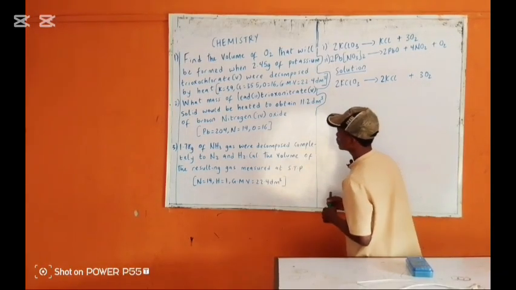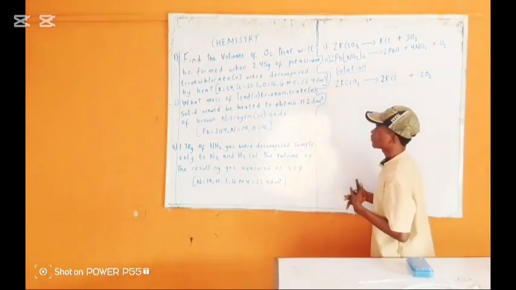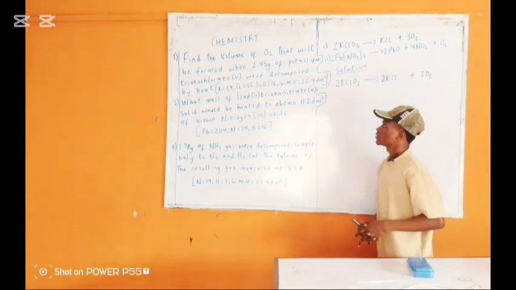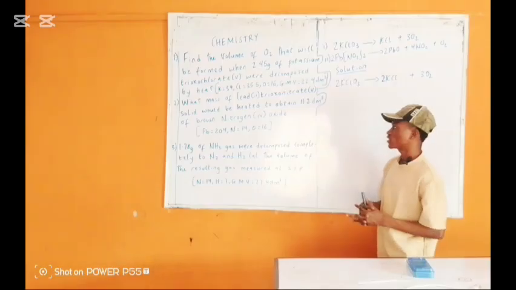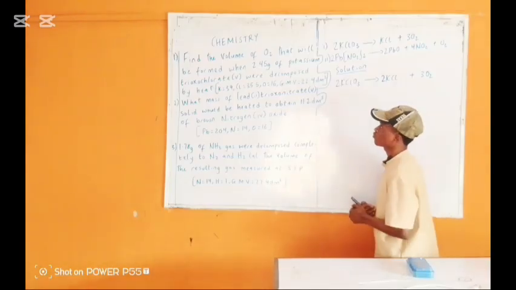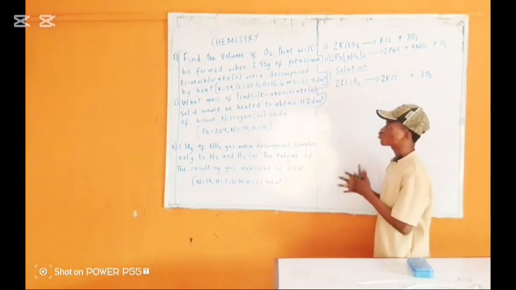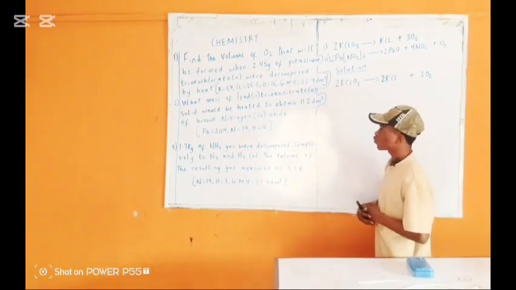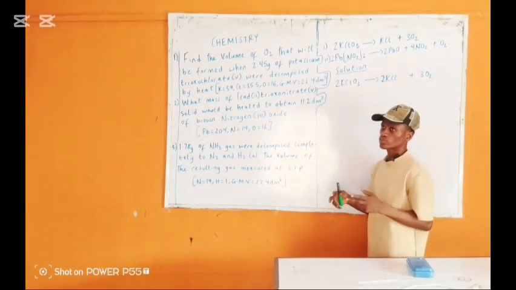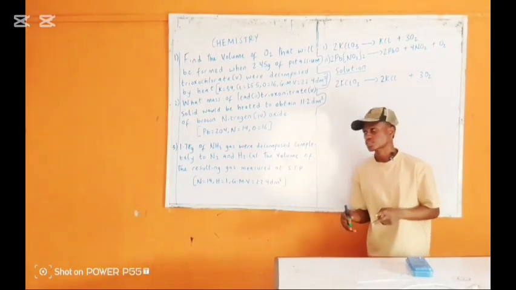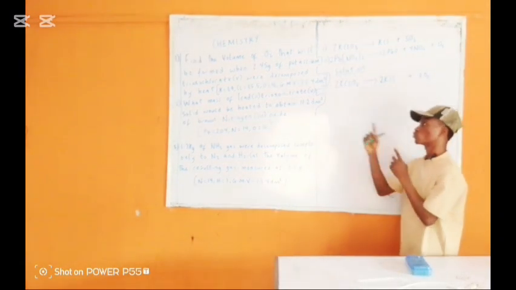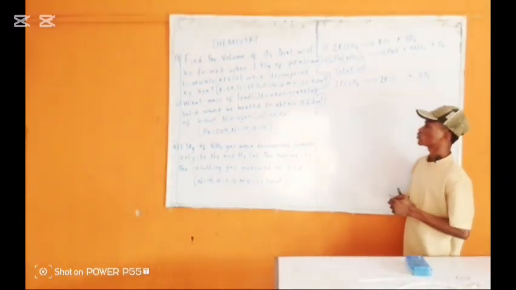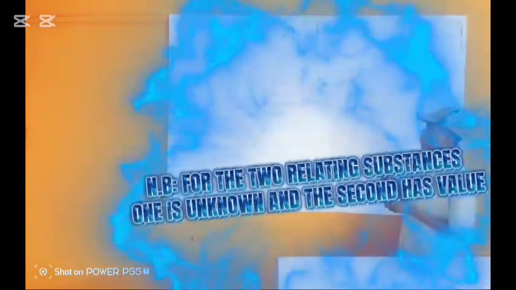So the next thing is to find out the 2 relating substances. Now, the question says that find the volume of O2. So O2 here, meaning oxygen gas, is the unknown, because finding the 2 relating substances, the first one must be the unknown and the second one must be the one having value. So the unknown here is oxygen gas.